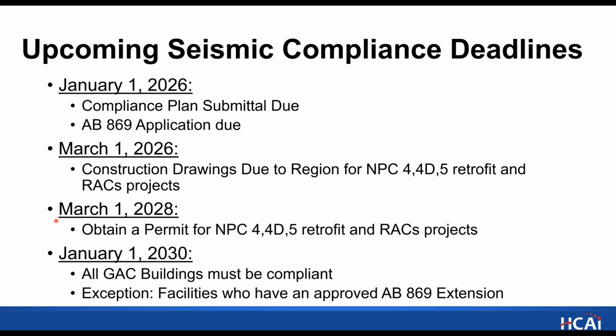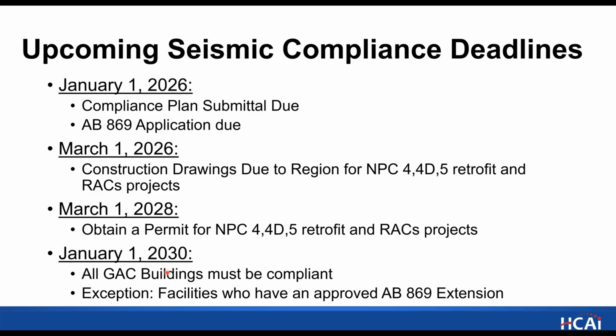March 1st, 2028, that's the deadline to obtain a permit for the SPC and RACS projects. And 2030 is the date to complete and get the SPC 5 and SPC 4D or 3, 4, 5 as a compliant building.